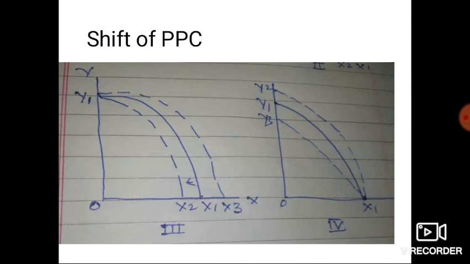Only the production of X is affected by a change in technique in X commodity only. Now we can say that Khetilal might have changed the technique of producing X commodity. If Khetilal uses an advanced technique, it will shift rightward, and with the older technique, it moves to the left-hand side, that is OX2.